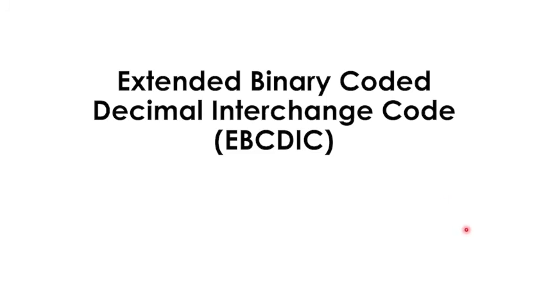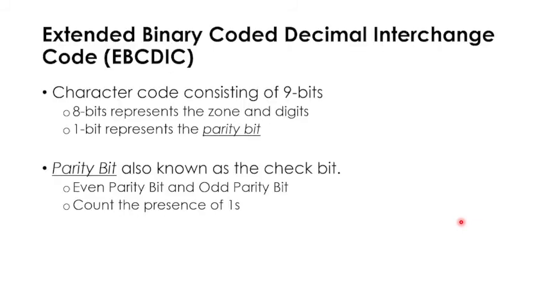Now let's move on to the last part, which is the Extended Binary Coded Decimal Interchange Code, or the EBCDIC. The EBCDIC is a character code consisting of 9 bits. The 8 bits represent the zone and the digits, while the 1 bit is for the parity bit.